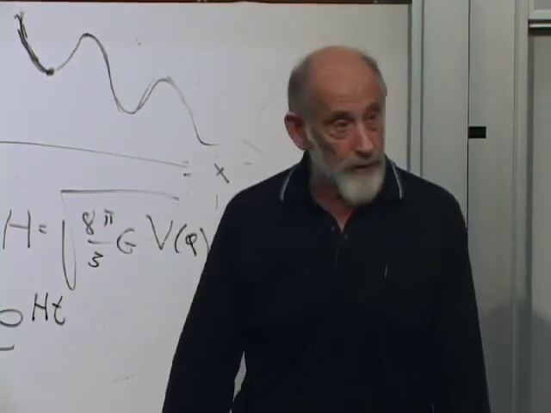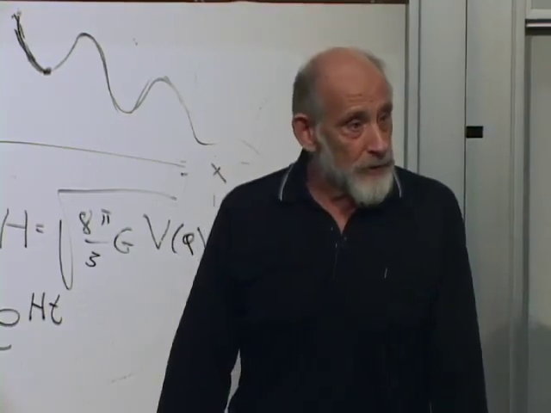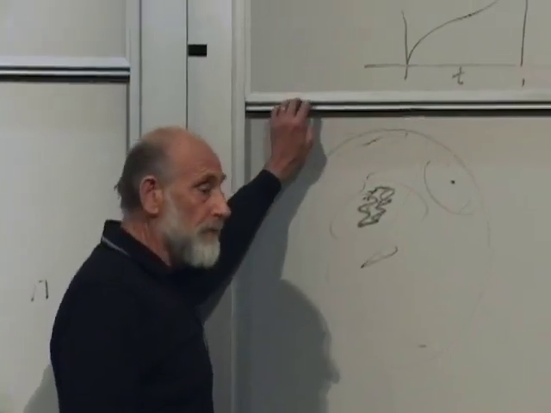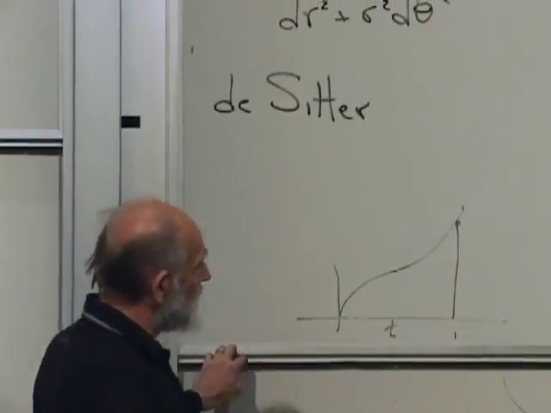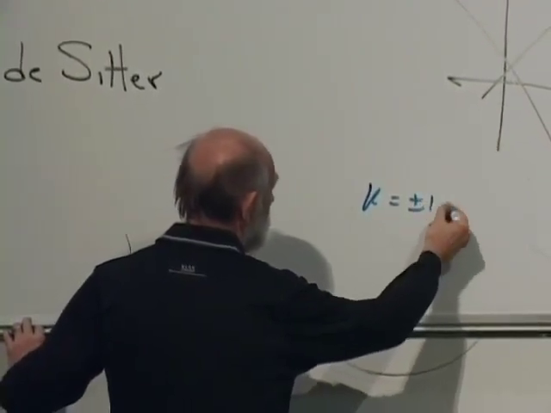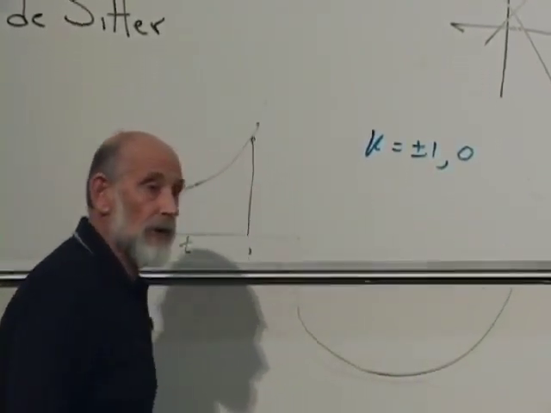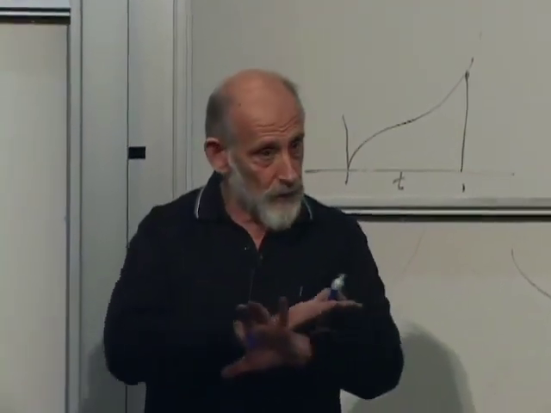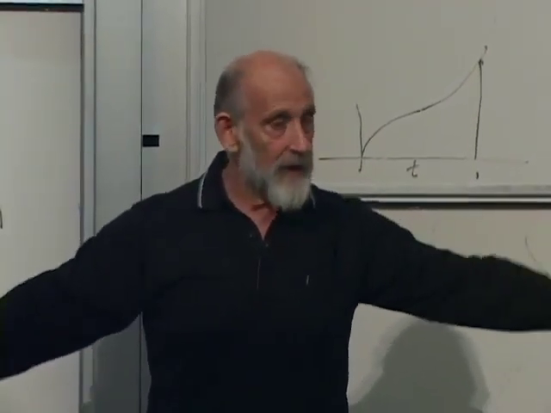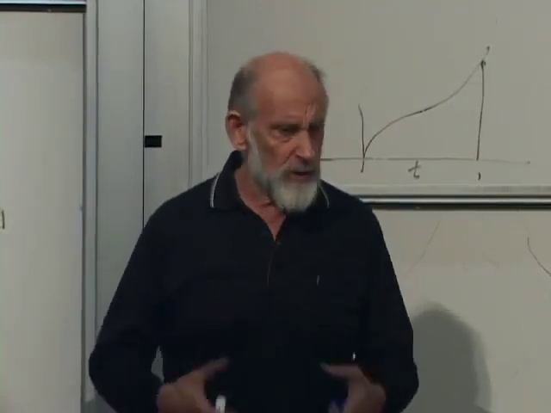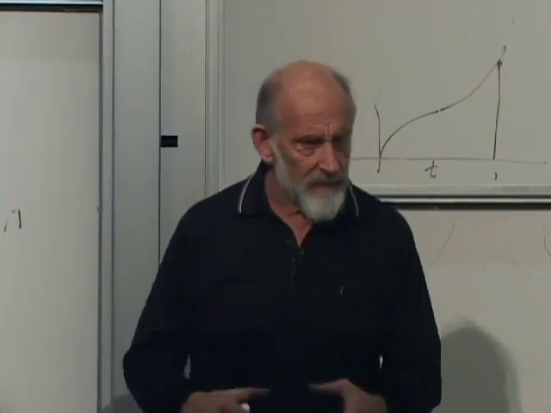Remember, I told you earlier on that observationally the curvature term, this factor k, which can be plus or minus 1 or 0, is observationally 0, meaning that the universe looks spatially flat to about 1%, or better than 1%. It seems to be spatially very, very flat.